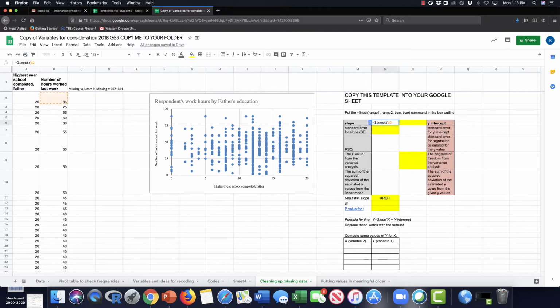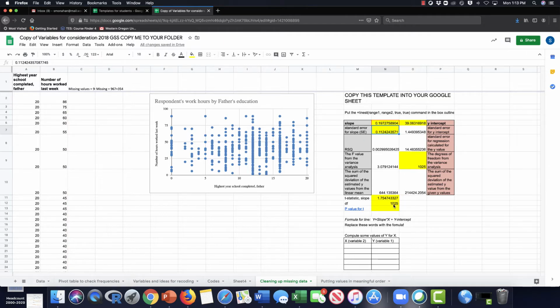So B2 to B1028, and then A2 to A1028. That will do the estimate of the best fit line for those two ranges of data, and I insert the two true statements so that I will get the output that I need.